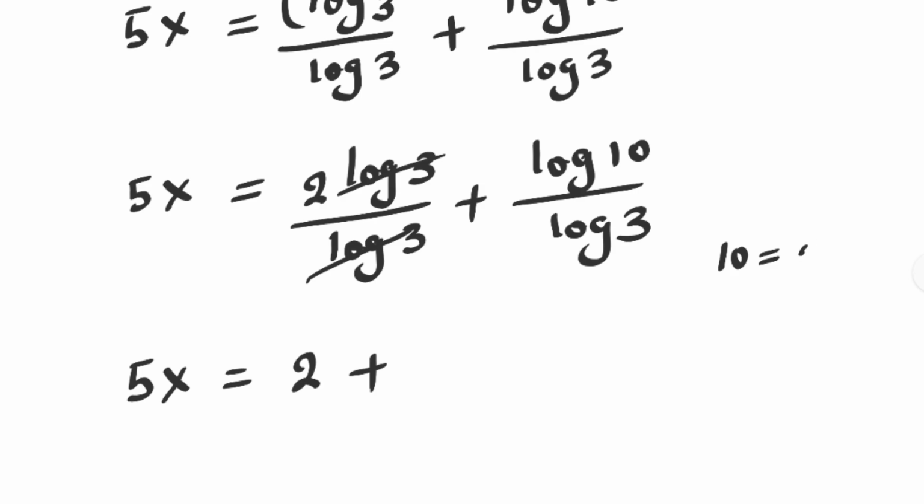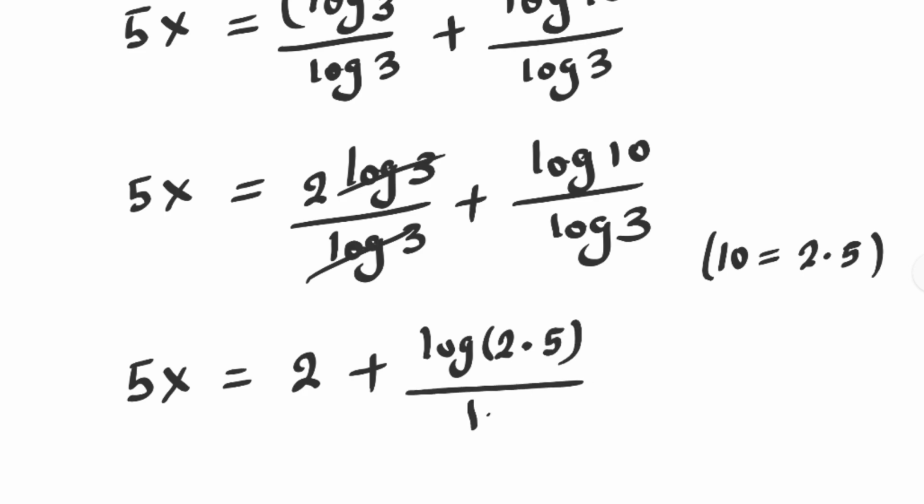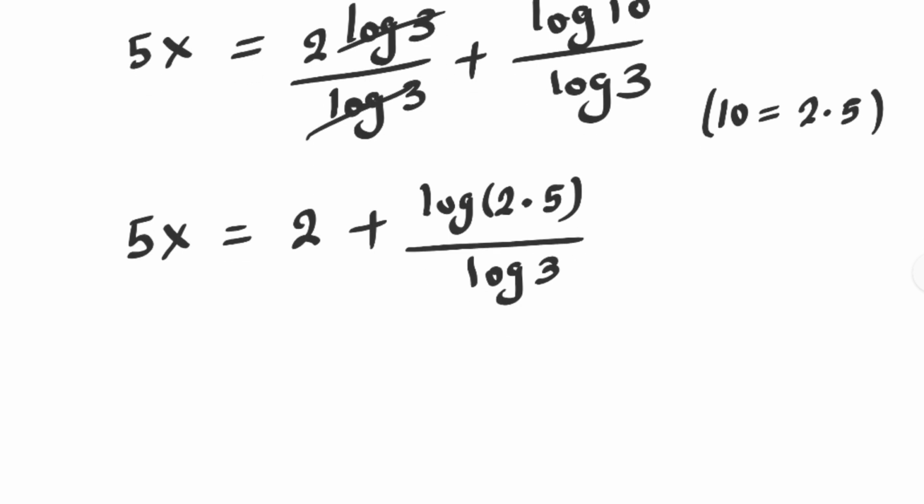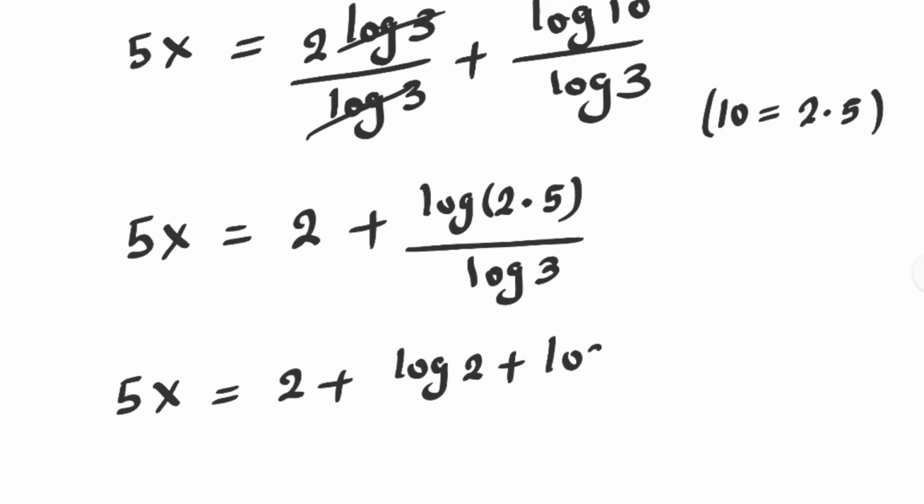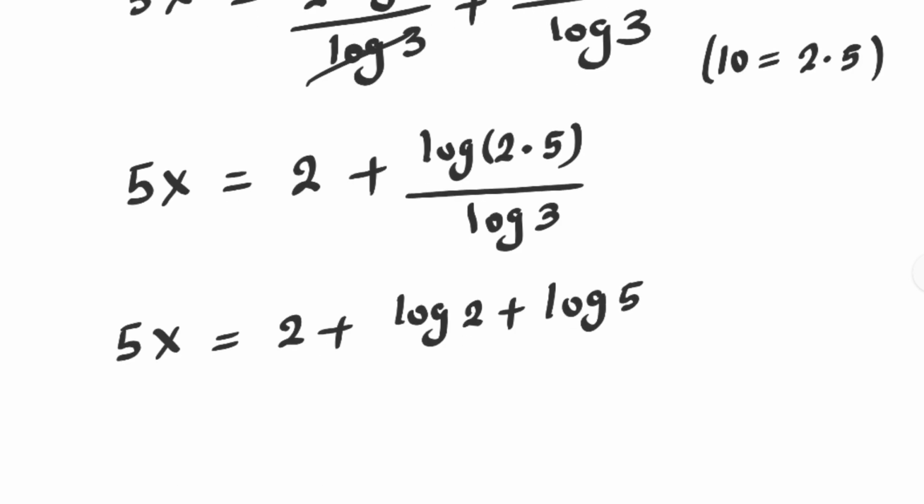10 is equal to 2 multiplied by 5. Then log 10 can be written as log 2 multiplied by 5 divided by log 3. 5x is equal to 2 plus, log 2 multiplied by 5 can be written as log 2 plus log 5, divided by log 3.